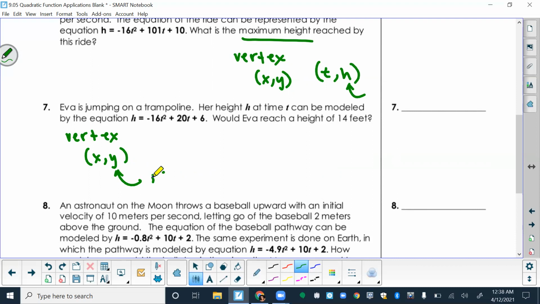So is y, or is h, greater than or equal to 14? If it is, then yes, she'll reach that height. If it's not, then no, she won't reach that height. So you have to figure out what the vertex is and look at that y value. If it's greater than or equal to 14, then yes, she would reach that height.